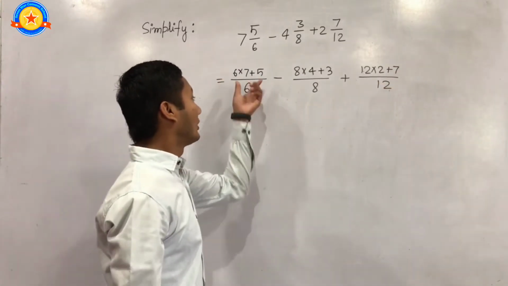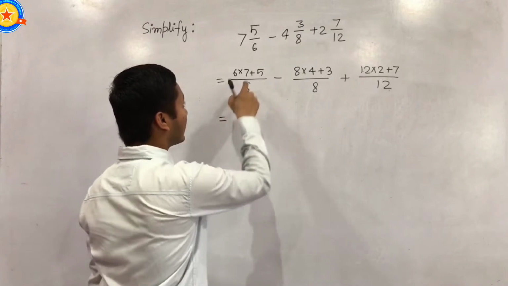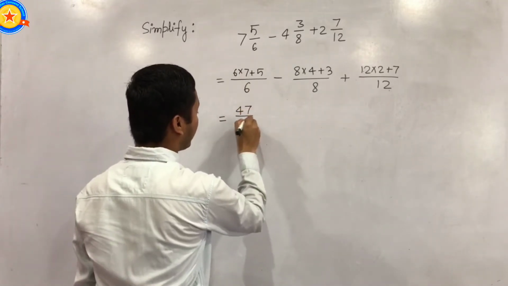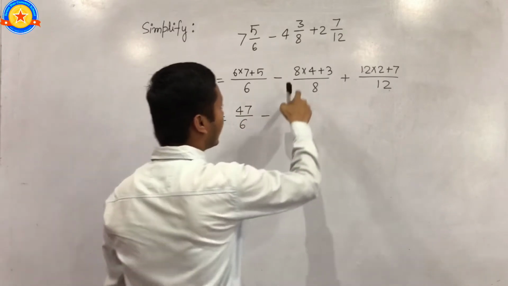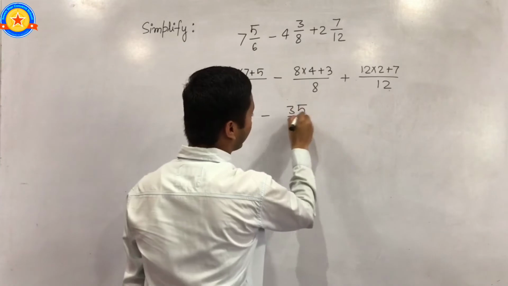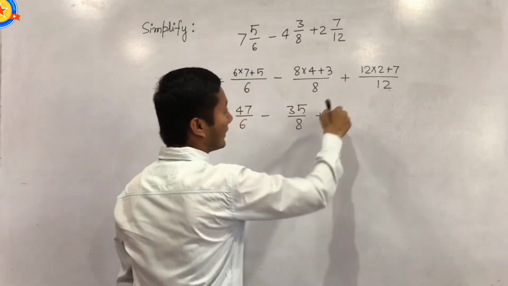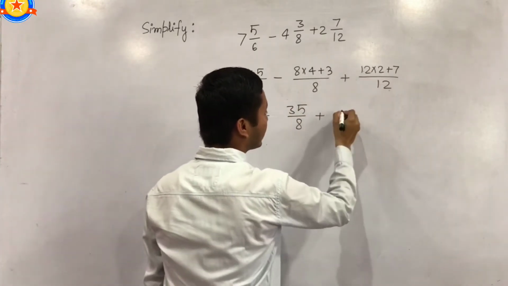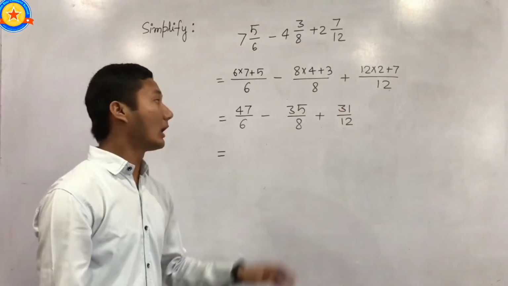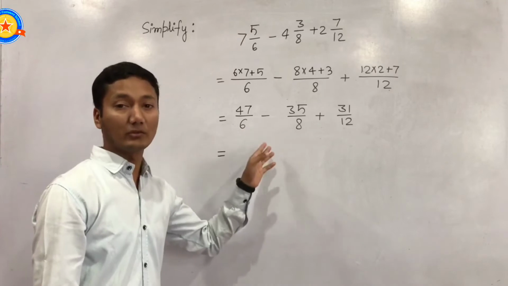Now if we solve this, then we get 7 sixes are 42, plus 5, 47 upon 6, minus 8 fours are 32, plus 3, 35 upon 8, plus 12 twos are 24, plus 7, 31 upon 12. Students, now we got the fractions from the mixed numerals.